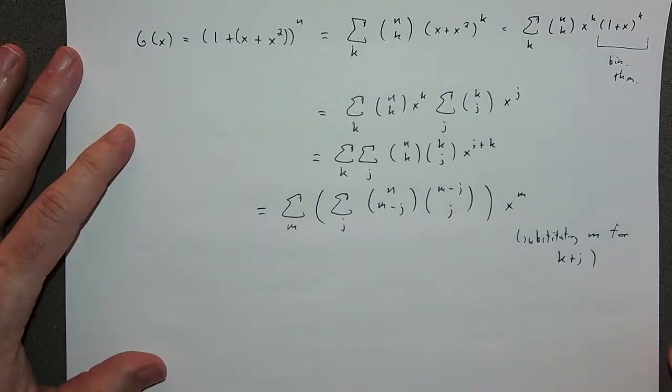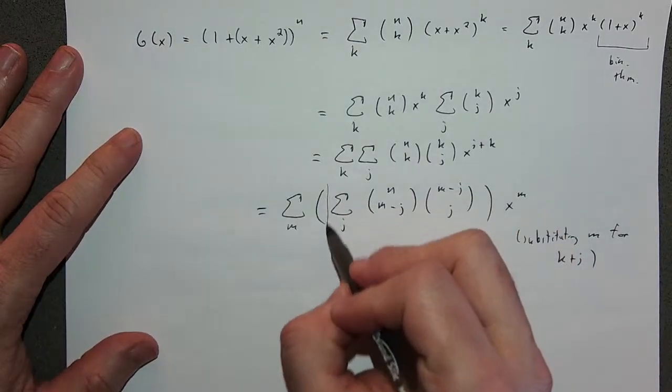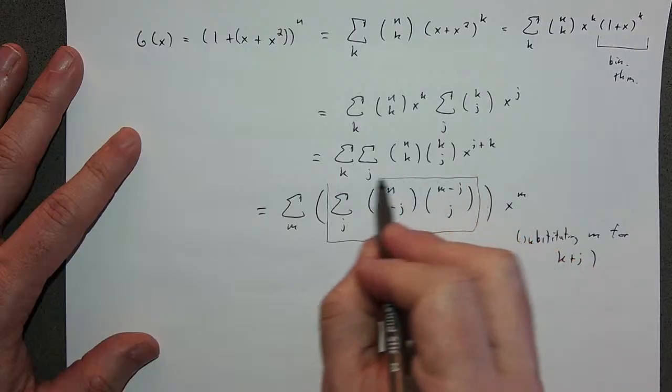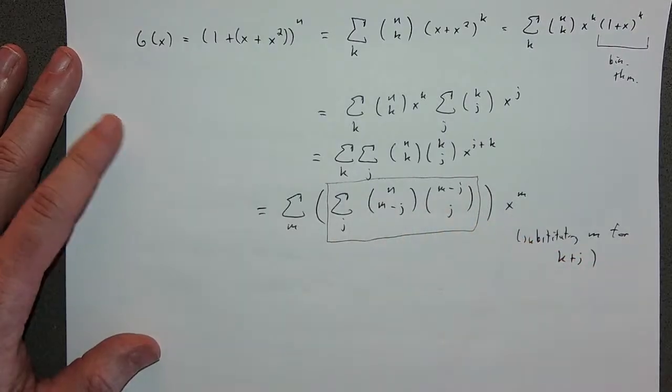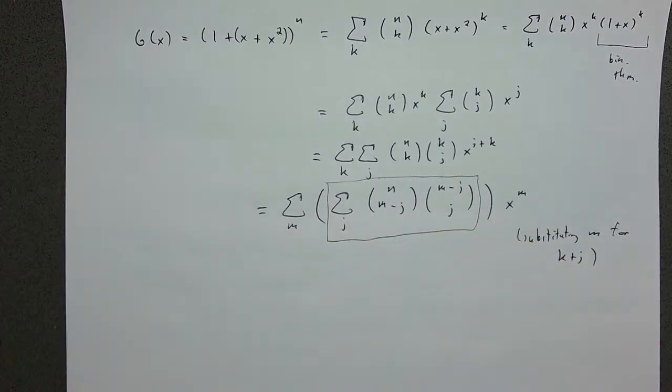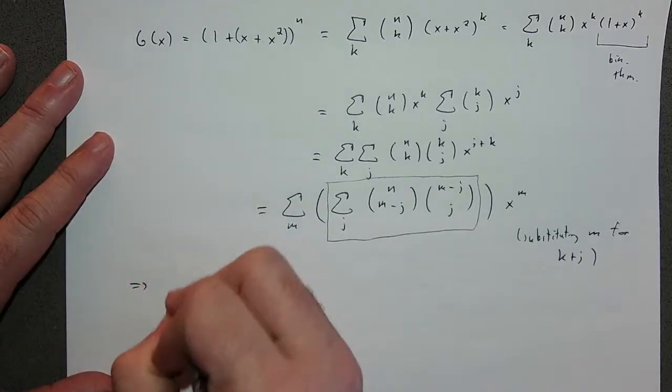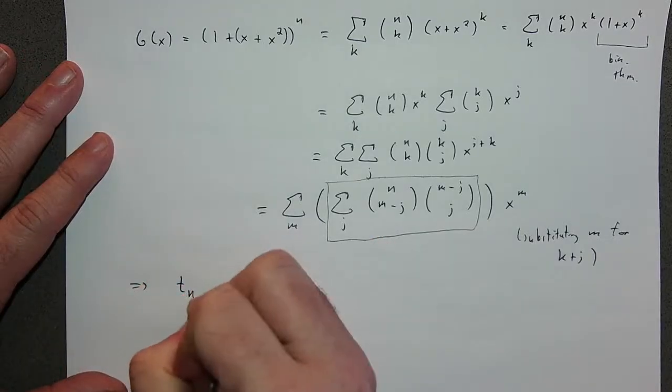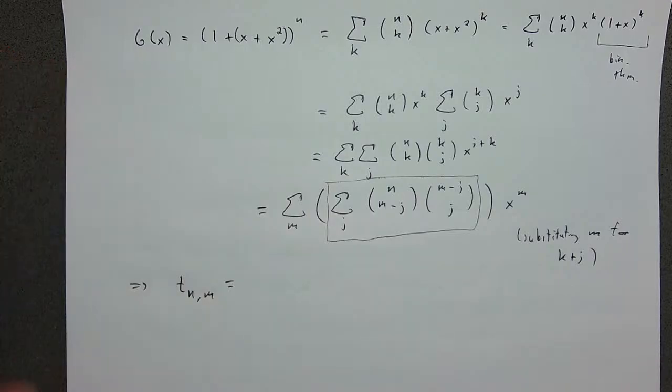Now, what is it that we were doing? Well, of course, we were trying to identify this coefficient on the x to the m term here, which we just did. So this number we sought, which was the number of ways to select m items from n distinct items where each item can be selected at most twice, is exactly this sum.